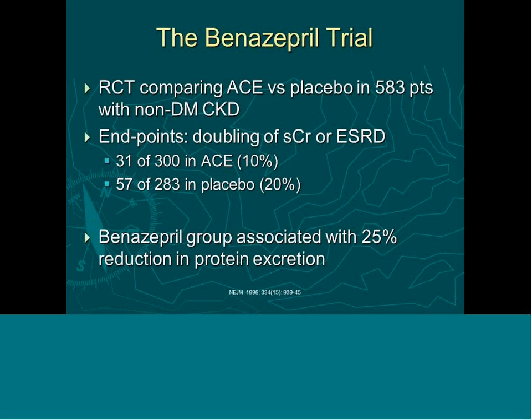I'm going to bring out a couple of trials, because whatever we do in medicine should be evidence-based practice. The Benazepril trial is a randomized controlled trial which compared an ACE inhibitor with placebo. This was published in 1996. It's a fairly old trial.